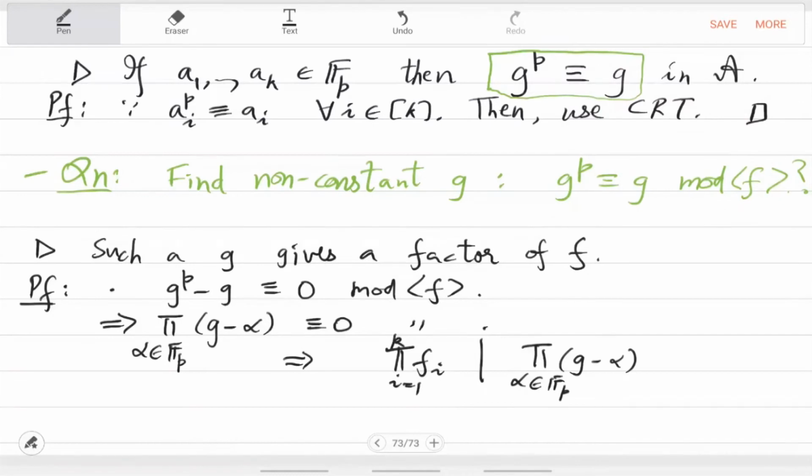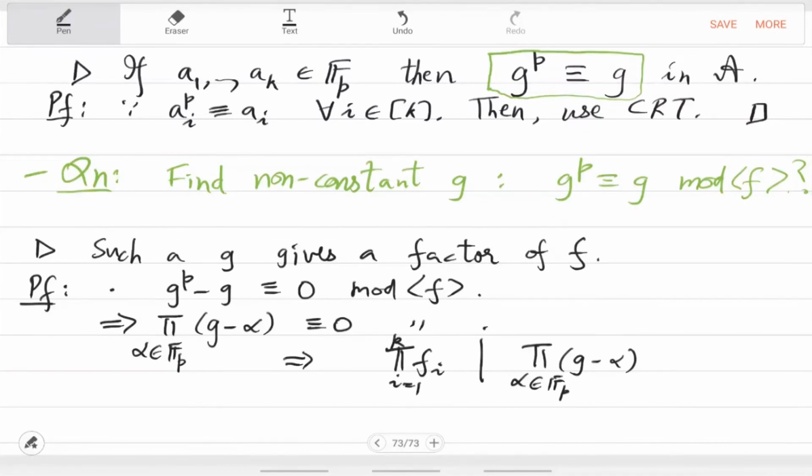So we are in the case when f factorizes into at least two things, f1 times f2, think of the case k equal to 2. So f1 times f2 divides this product of g minus alpha. So either one should divide, f1 or f2. The bad case will be if both of them divide a single g minus alpha.